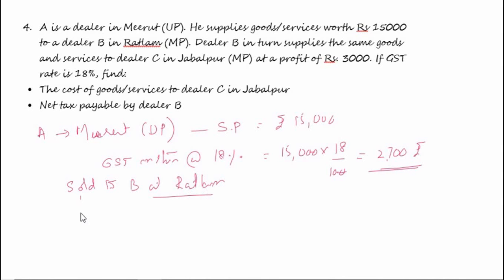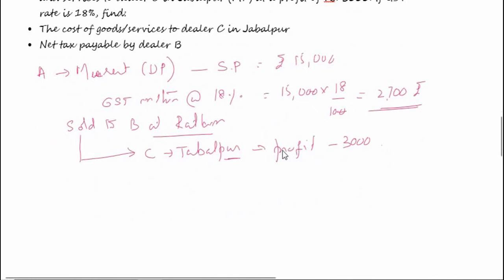Now B sells to C in Jabalpur at a profit of 3,000. Now the cost price for B is 15,000 and his profit is 3,000.